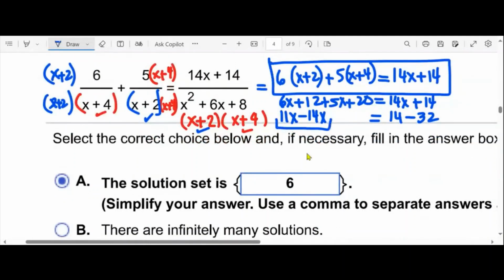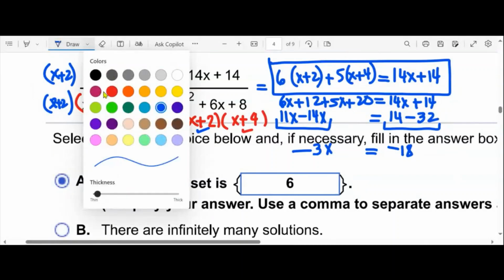Now this together, how much? Khalid? Yes, doctor. This together will give us negative 3x. And the other side, how much, Muhammad? The other side will have a minus 18.